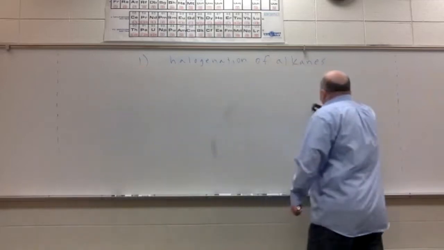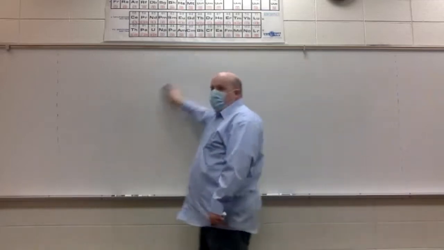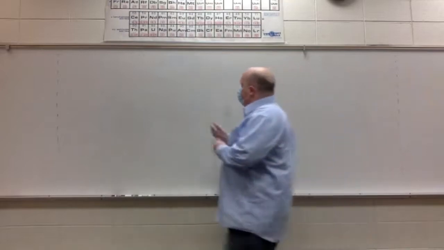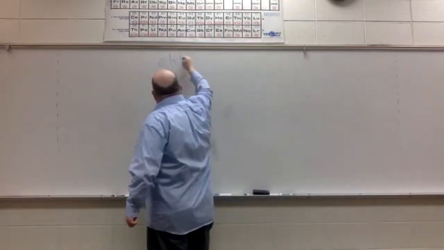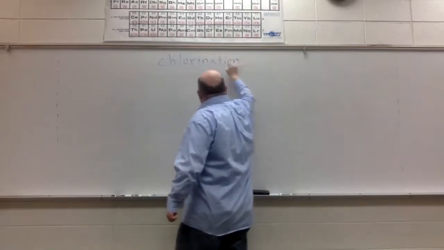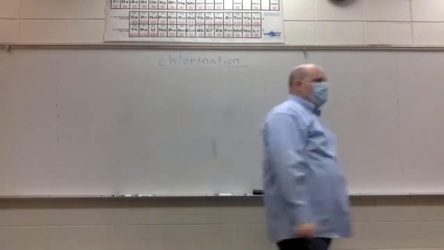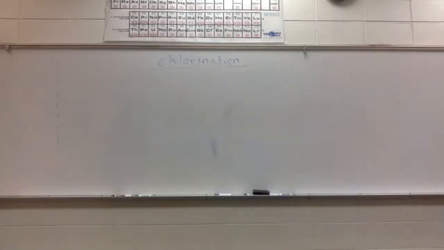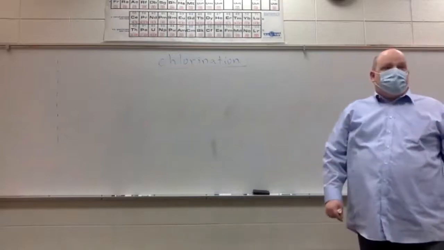Specifically, first off, let's talk about free radical chlorination. As you might expect, with chlorination you take an alkane group and replace an H with a Cl. So how do you do it?